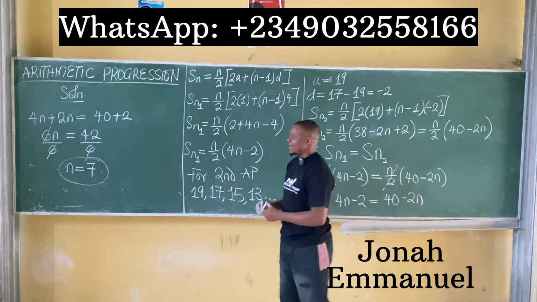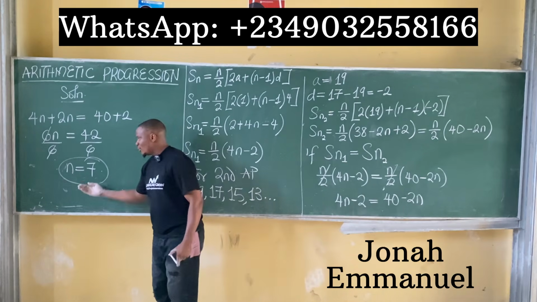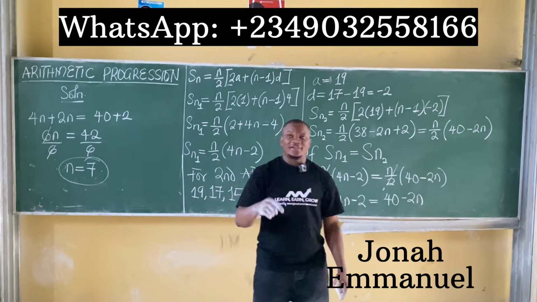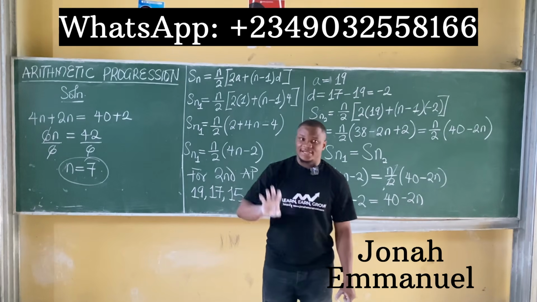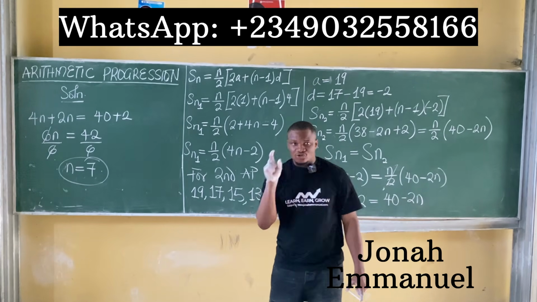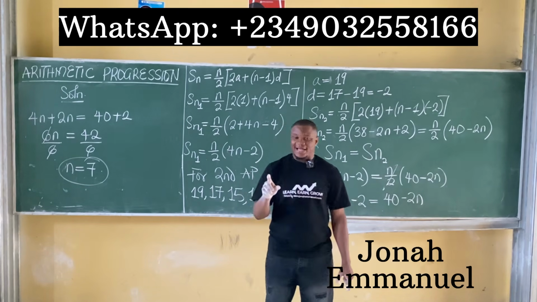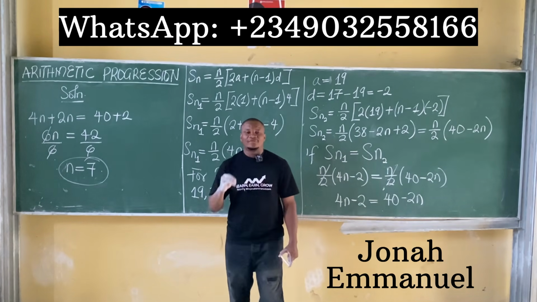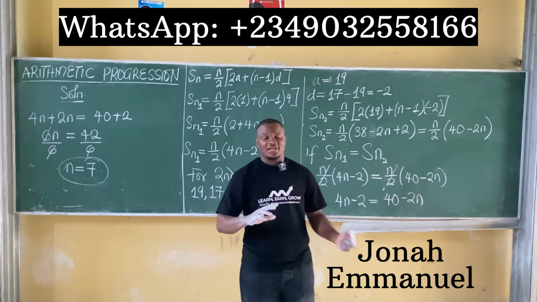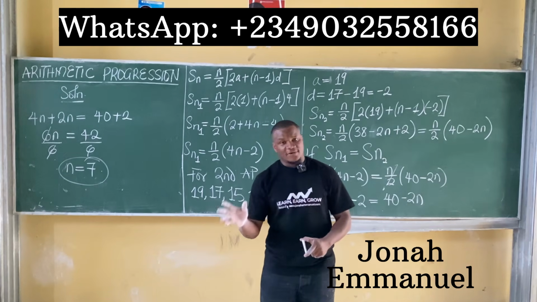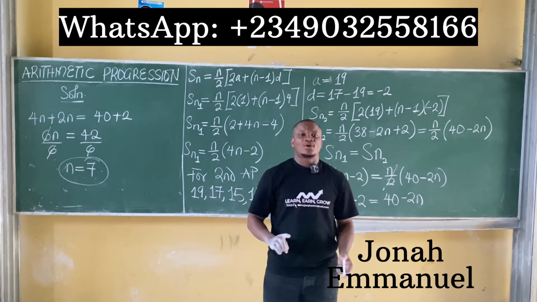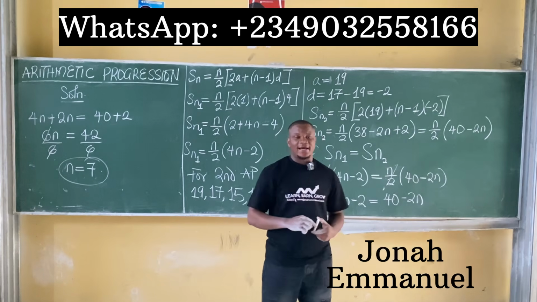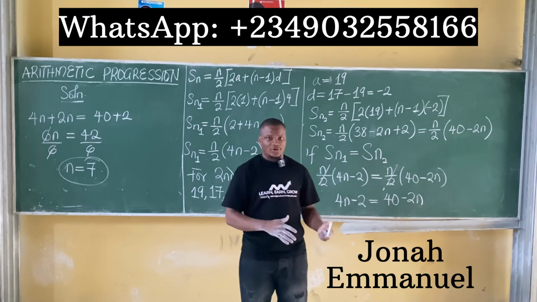What is the value of the sum of the first seven terms of either the first AP or the second AP? Use any of them, solve that question. Find the sum of the first seven terms. Leave your answer in the comment section and I'll give you a reply. I will tell you if you're correct or not.